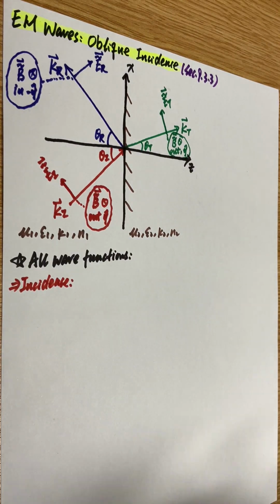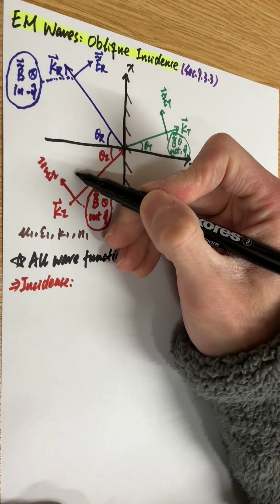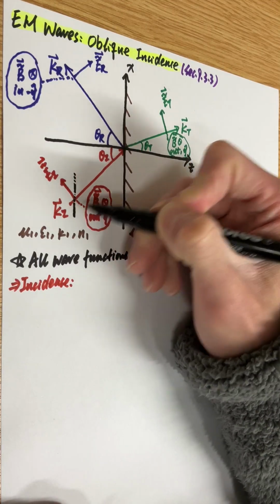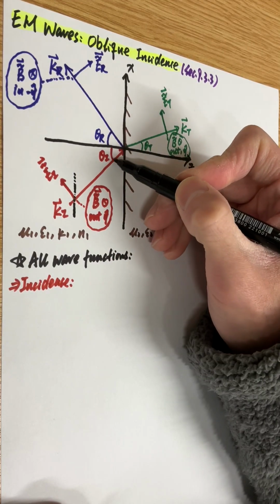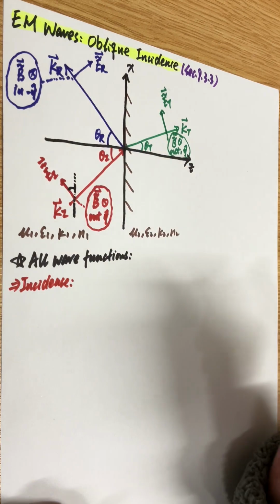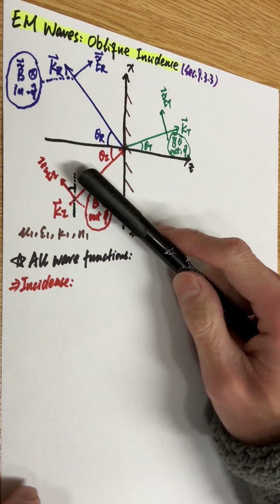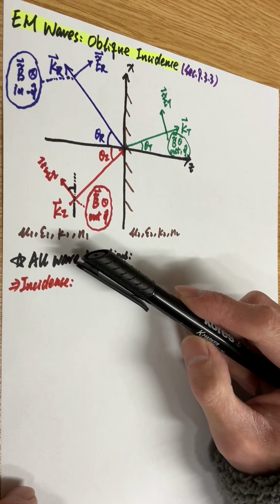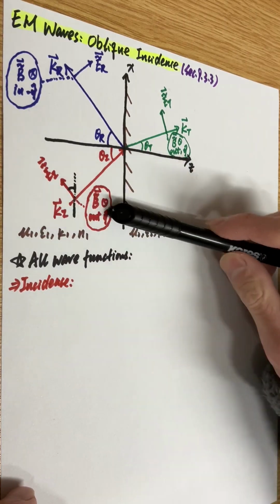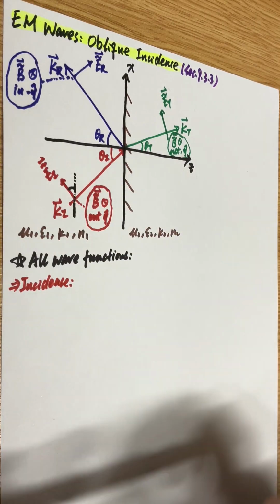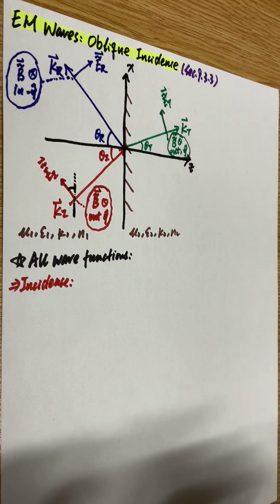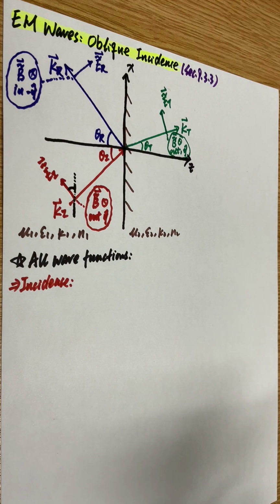If we draw a line parallel to the surface, here we have theta I, and this angle is also theta I. So now we know the vertical component would be E_I cosine theta I, and the horizontal component would be E_I sine theta I. That makes it a lot easier.